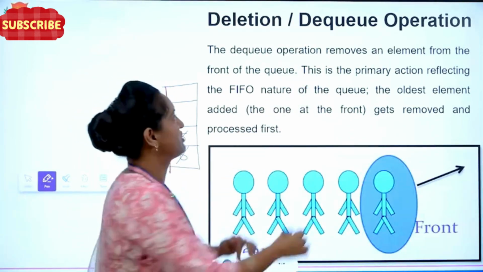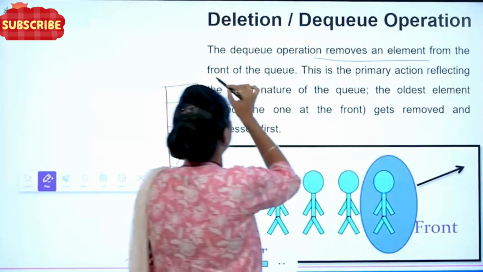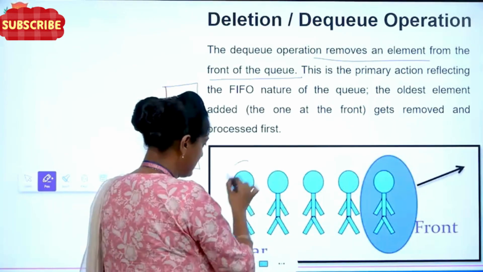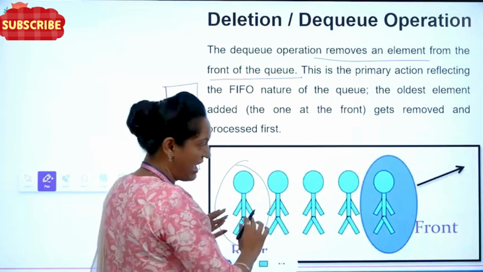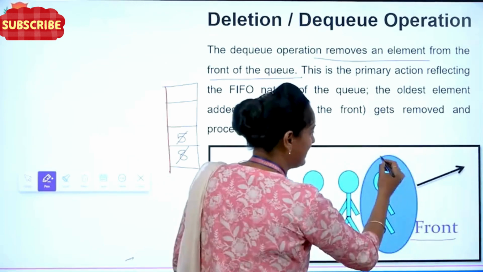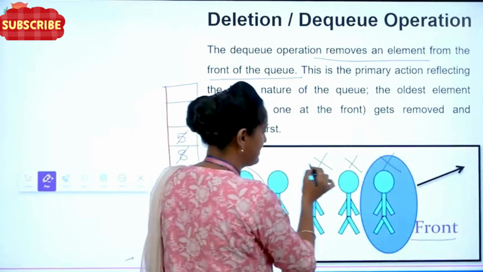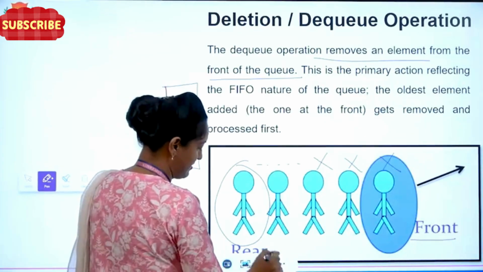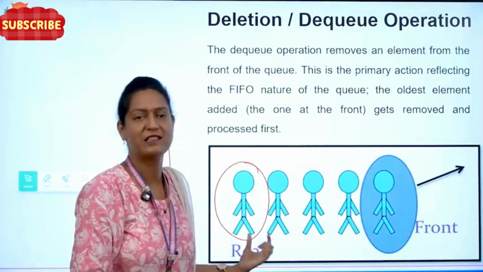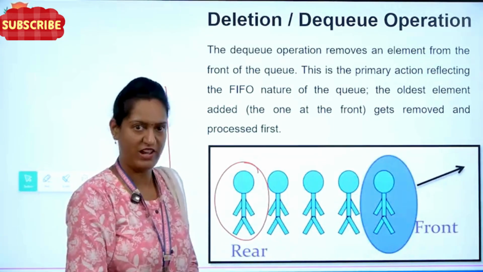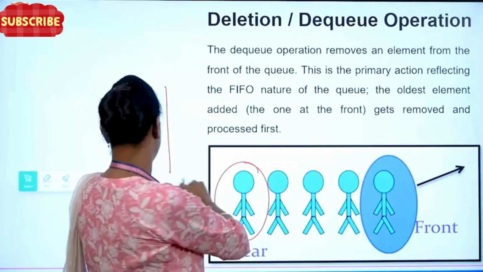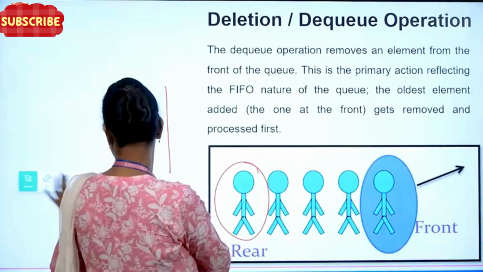So the Dequeue operation removes an element from the front of the queue. So this is rear and this is front. Whenever I want to delete an element, firstly I delete this one, then this one, then this one, and it comes to the rear for deleting the last element present in my queue, right? I hope these two operations are very much clear to you. Now we will go to the next slide.